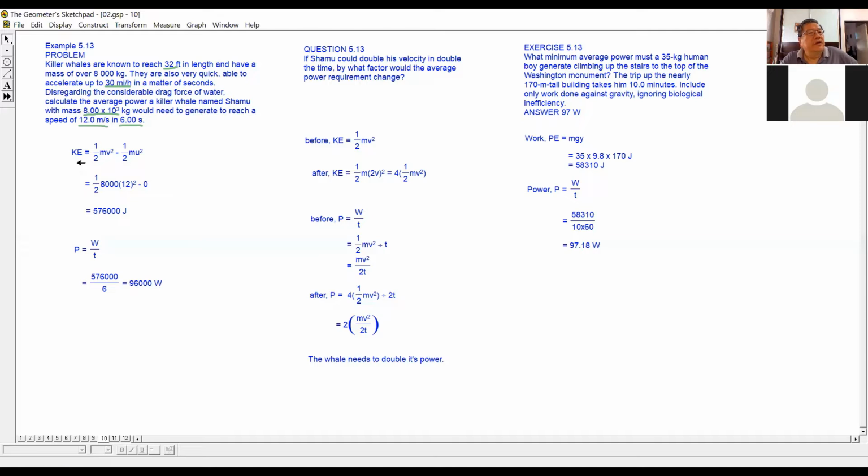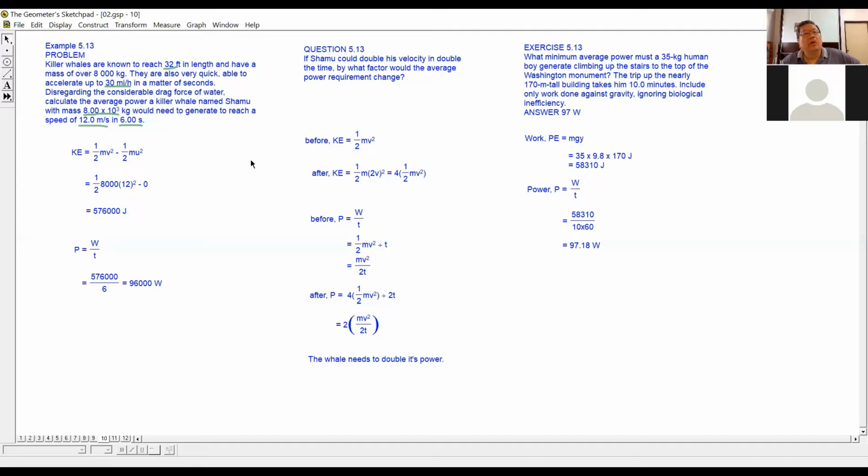How much energy is used when the whale is swimming at 12 meters per second? How much energy the whale has to exert in order to swim at 12 meters per second. The mass of the whale is 8,000 kilogram.